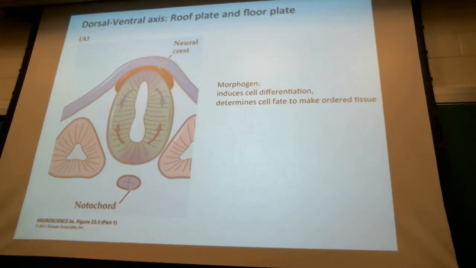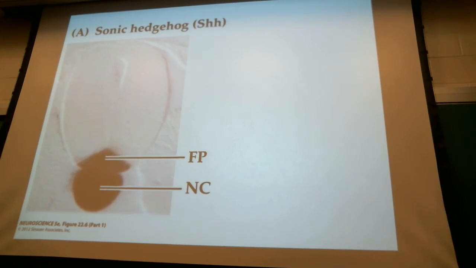So you can make ordered structure. So, what kind of signaling molecules are they secreting? Let's look at it one by one. First, let's look at this floor plate and nodal. They secrete this molecule called sonic hedgehog.